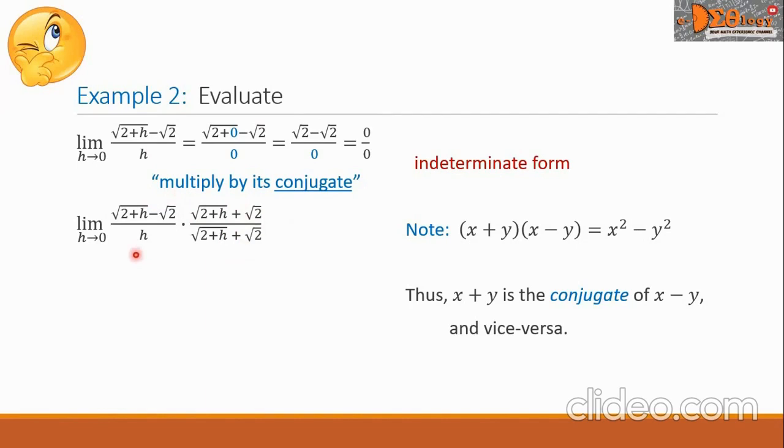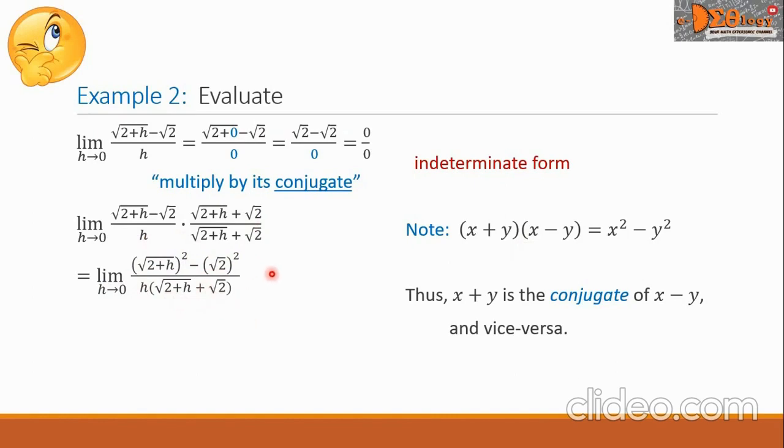Getting the product of the two functions here, we have now the limit of the square root of 2 plus h, and this quantity is squared, minus the square root of 2, and this is also squared. We follow our special product formula. All over, we put together the h and the other factor, square root of 2 plus h plus the square root of 2.